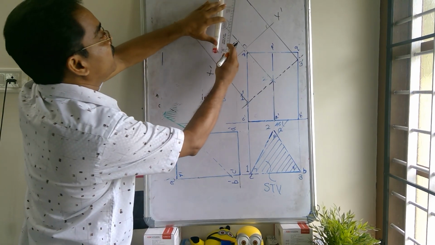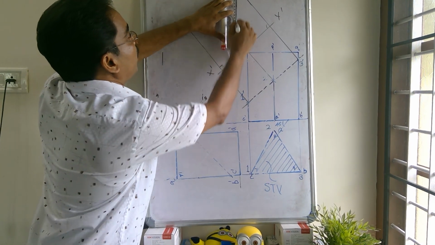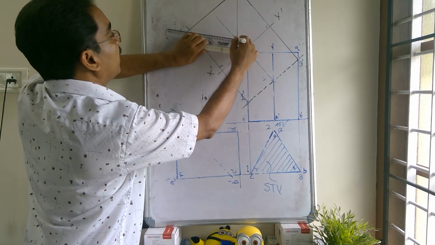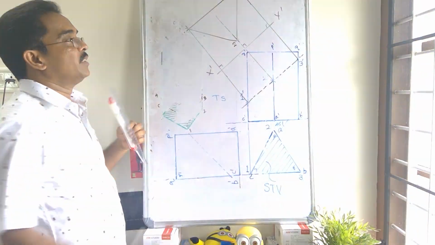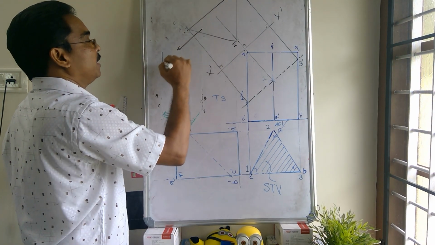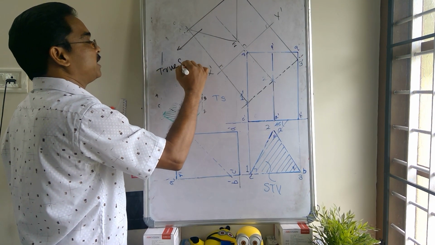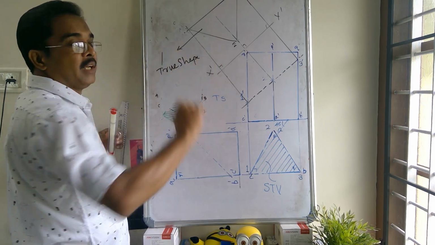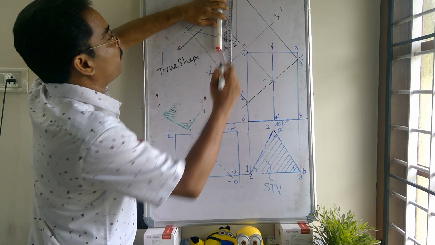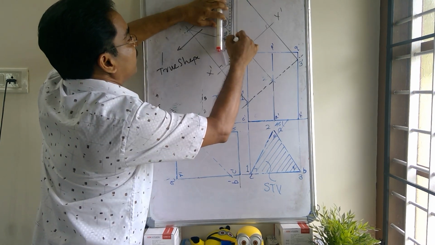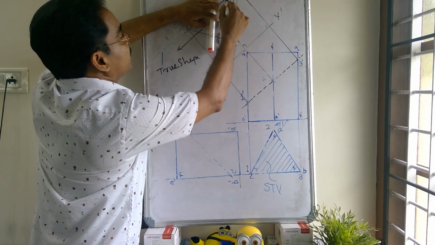Now we join 1, 2, 3 and okay, this is the true shape of the section. This is the true shape. And the true shape is also represented with hatched lines.